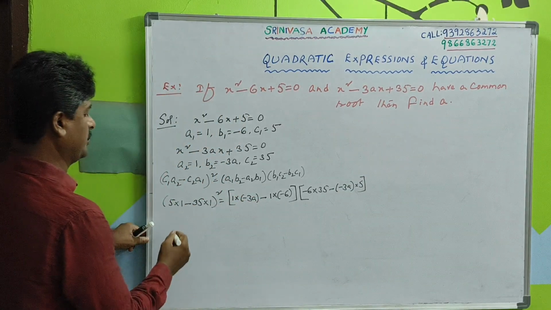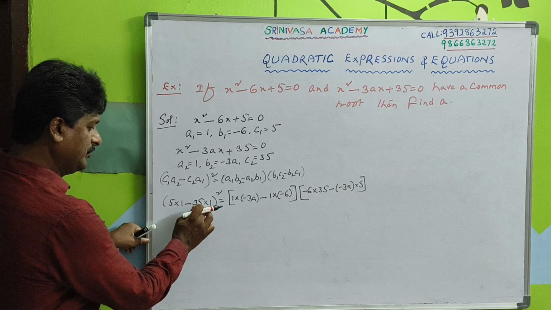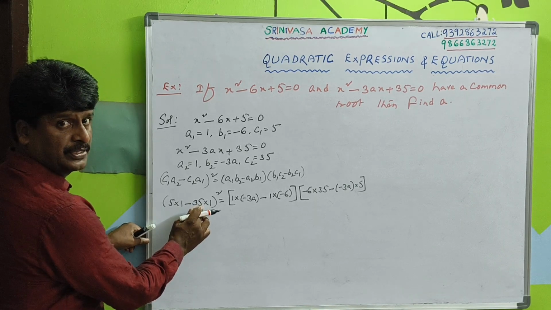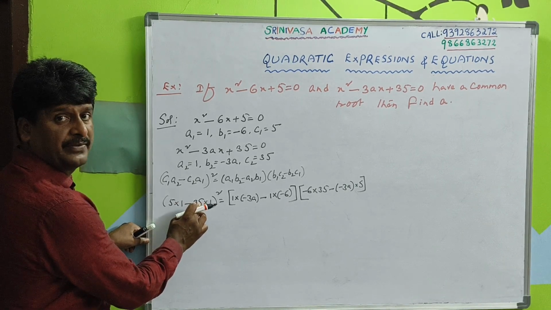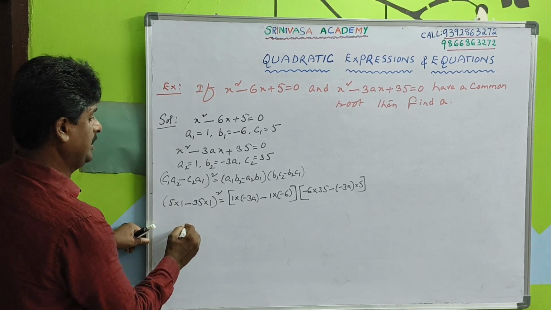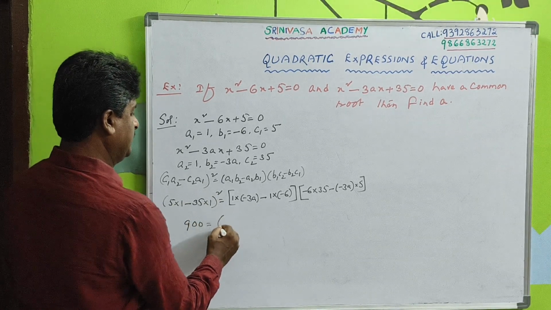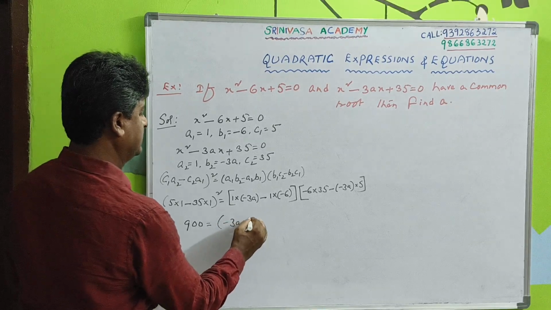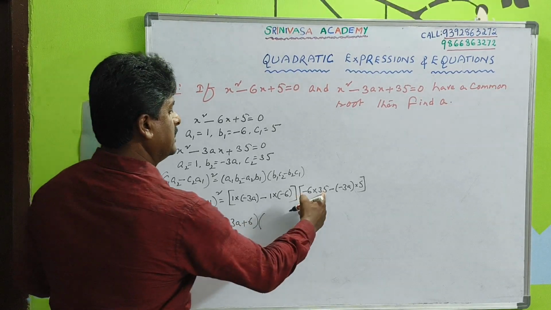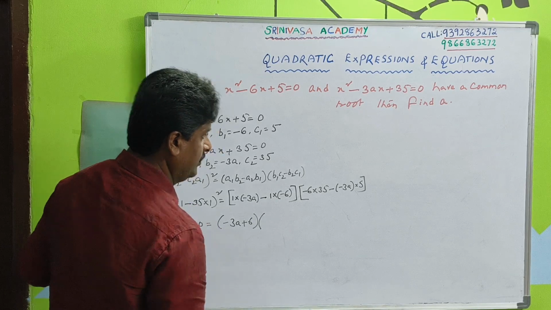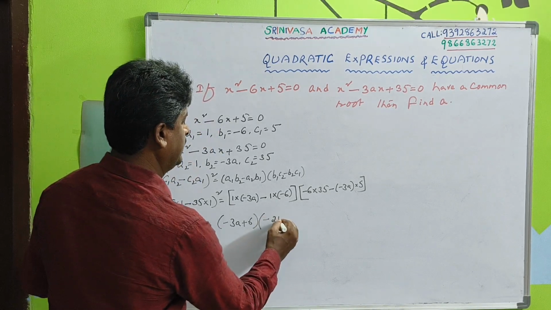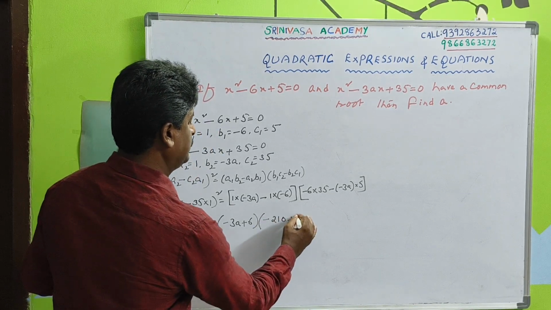Okay, this is common root condition. 5 into 1 is 5, minus 35 into 1 is 35, so 5 minus 35 is minus 30 whole square, so that is 900. This is minus 3a plus 6, 6 into 35 is 210 plus 15a.